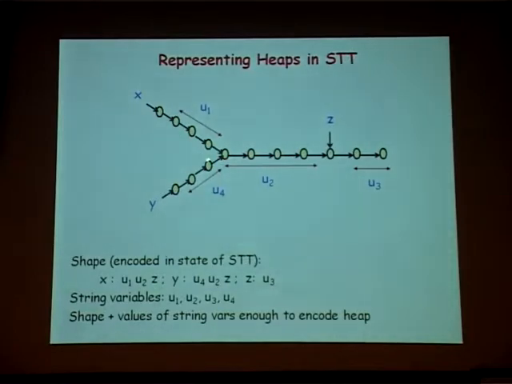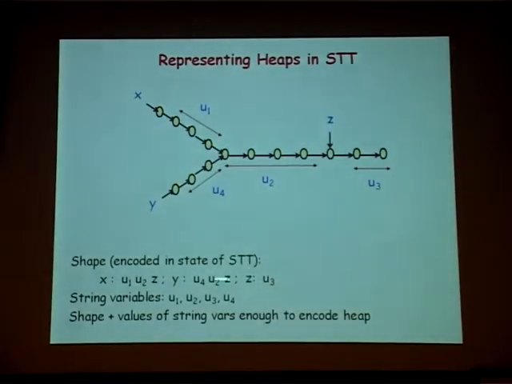I want to treat these like output variables in my streaming transducer, because the decisions are not going to be based on the content of this. What may happen is that things may get concatenated, or the next pointer of x may be updated to z, in which case all of this part would be lost. That's the intuition.